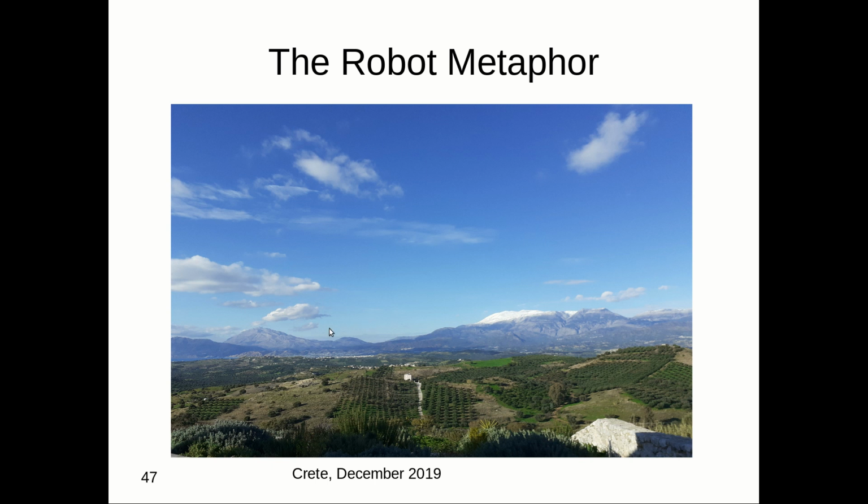With the robot metaphor, you just drop a robot on this island and have it move around so it can measure its altitude. Your actual goal is to have this robot construct a topographical map of the island just by moving around and measuring its current altitude.